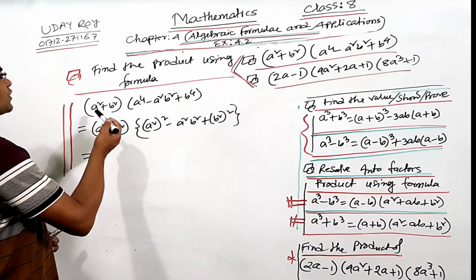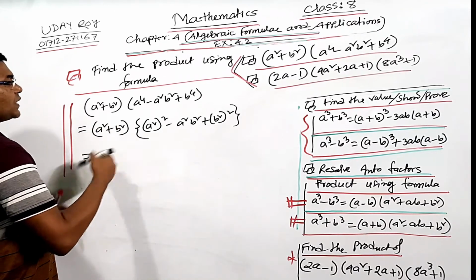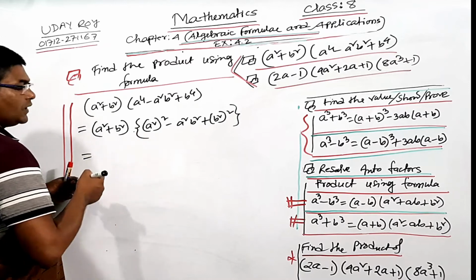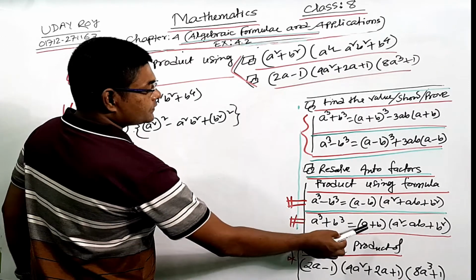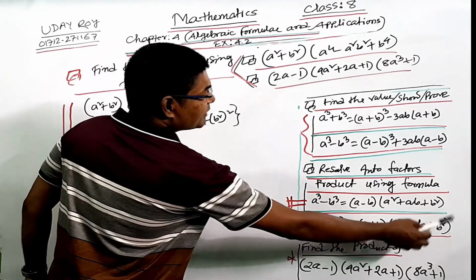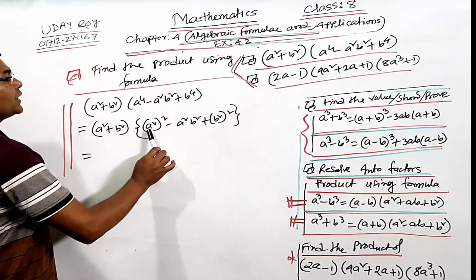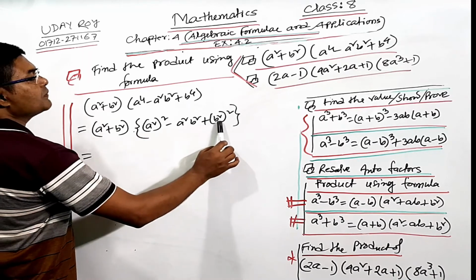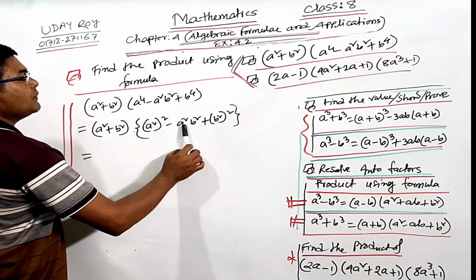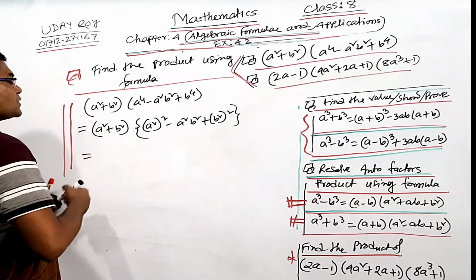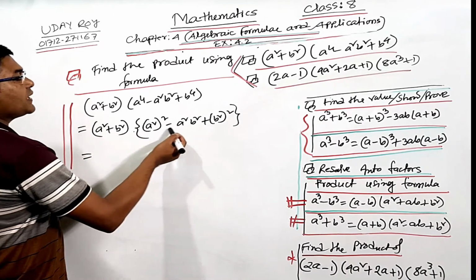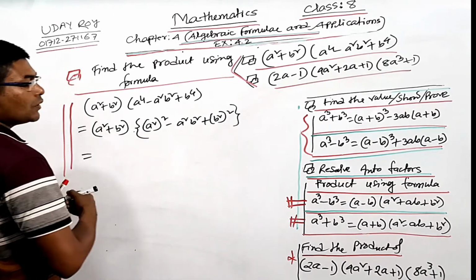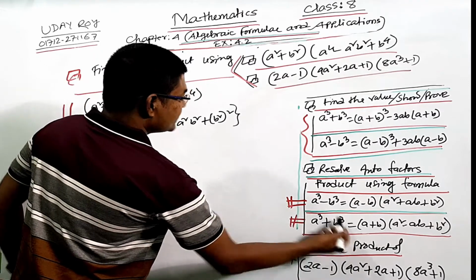So just convert this maths: a square plus b square into a plus b, a square minus ab plus b square. So we will get a cube plus b cube.